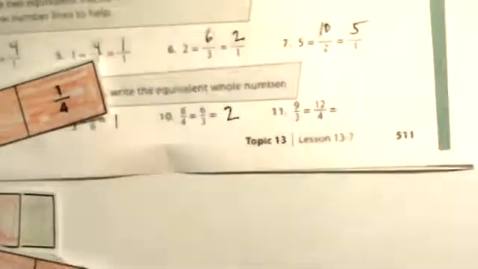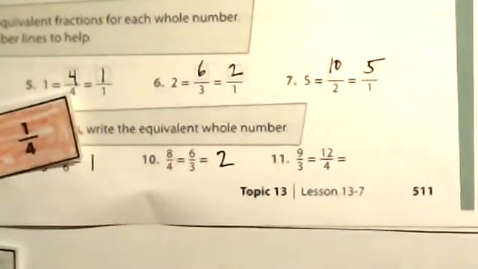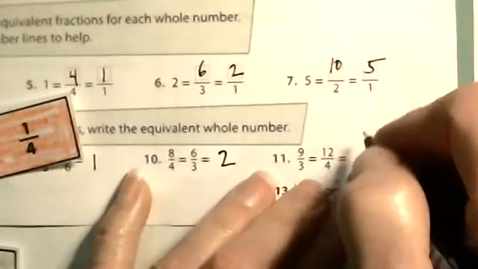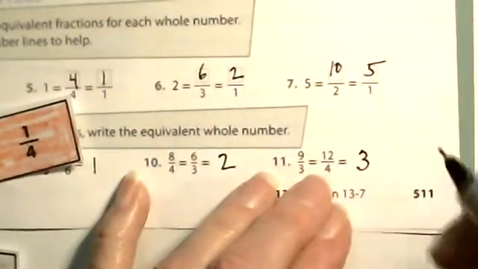So now we'll zoom in. 9 thirds and 12 fourths equals 3.